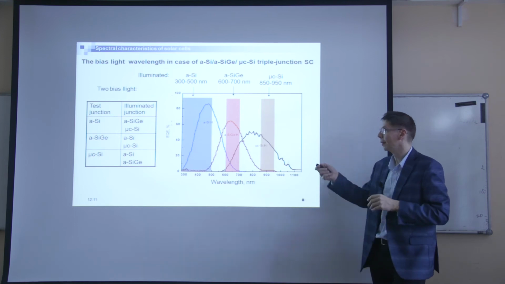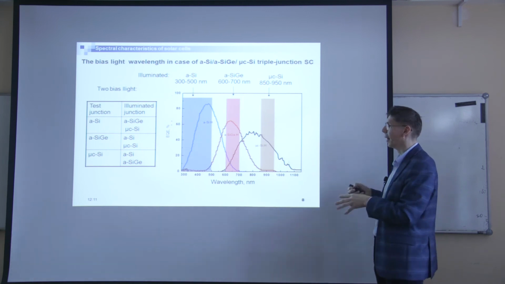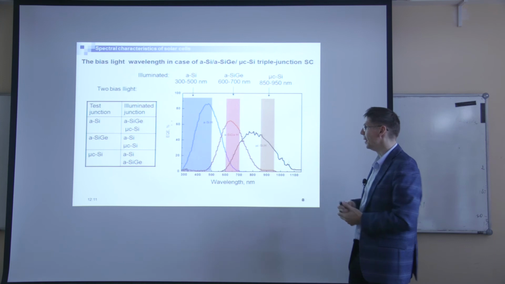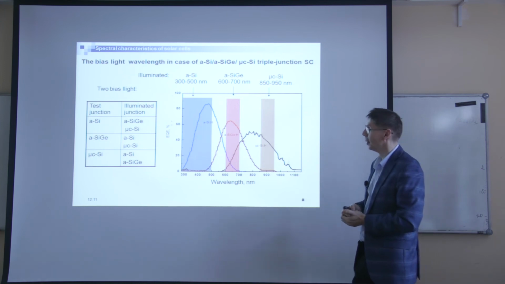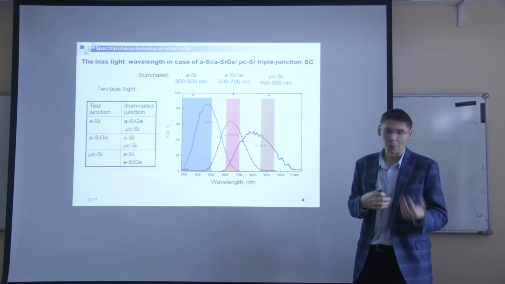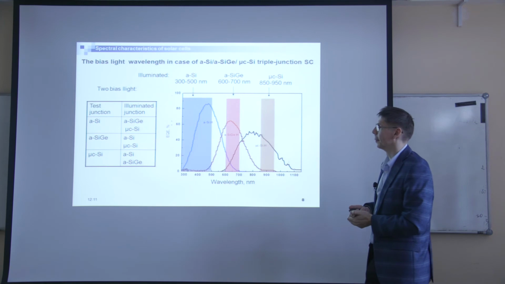It was like 2 eV and 1.9 eV, so it was really not so easy to distinguish between them, but we have done it. So if you use some laser light or something like this, you can manage.